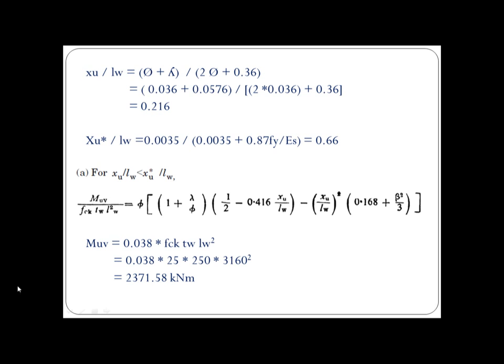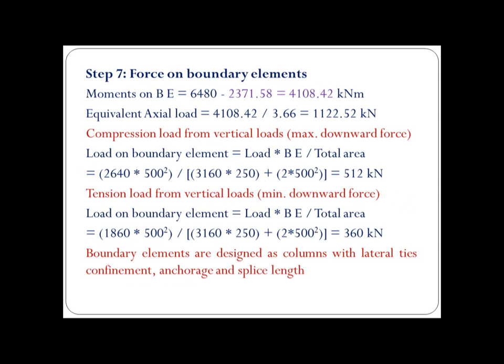Now this is the equation, such a big equation. And finally, when you solve it, we get the moment of resistance of the web to be 2371 kilonewton meter against 6480 kilonewton meter. So that means the rest of the moments are to be taken by the boundary elements.